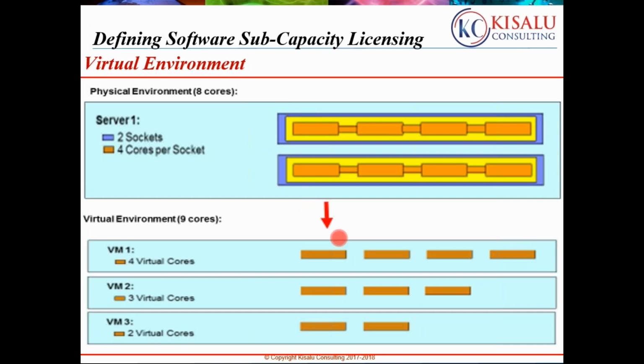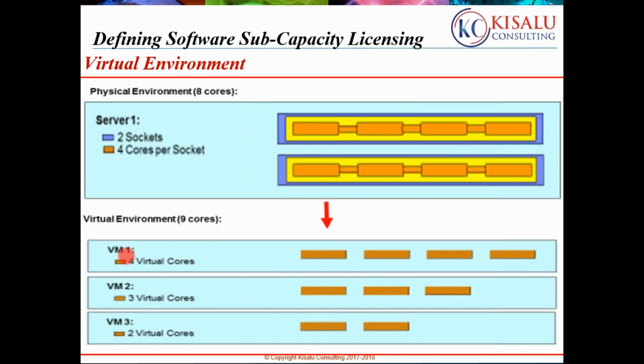So from this physical server, we can create three VMs, for example, and instead of keeping this 8 cores, we can even use the same software, the VM software, to allocate different type of cores for those virtual machines that we created, to the point that here we have 2 sockets with 8 cores, but here when we virtualize, when we create virtual machines on that machine, we can even go beyond the number of total cores that we have.